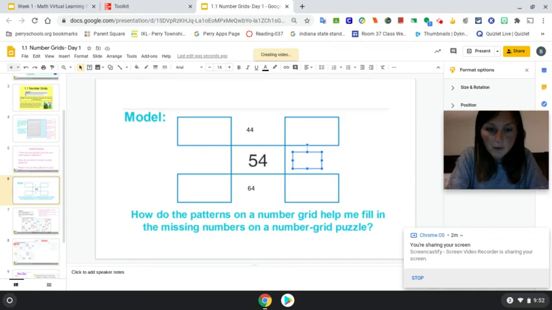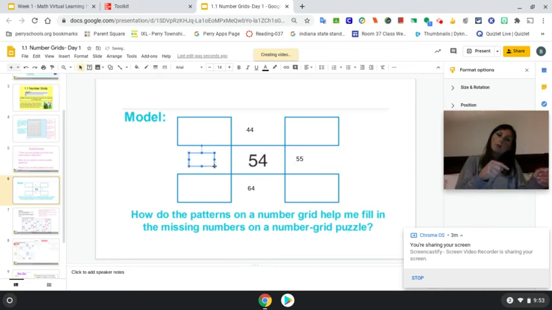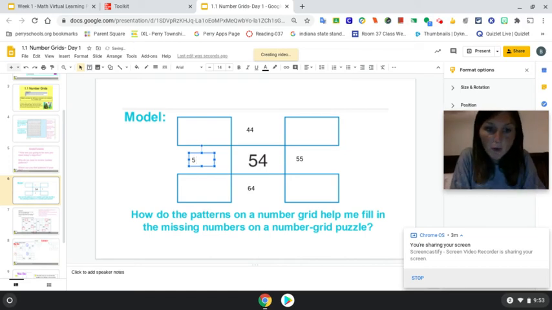So 54, then it would be 55. But when I go backwards, 54, go back would be 53. One less than 4 is 3. So I've got 53, 54, 55, 44, 54, 64.